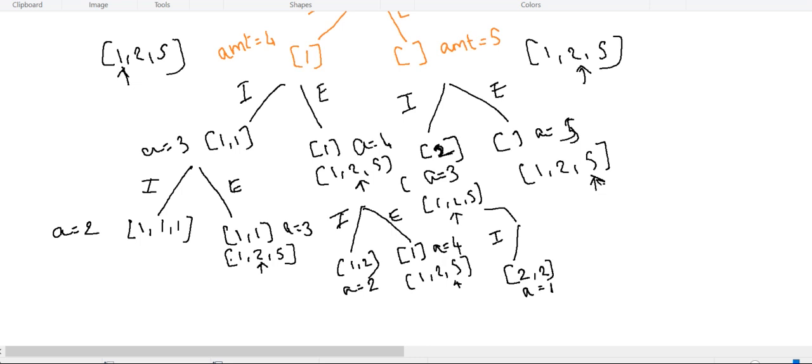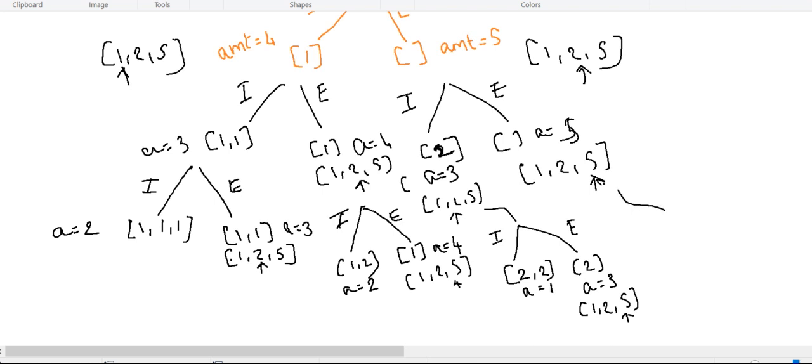I'm not going to change my pointer, it will still point to 2. But for exclude, it will be 2, the amount will be 3, but I need to increment my pointer to point to 5.